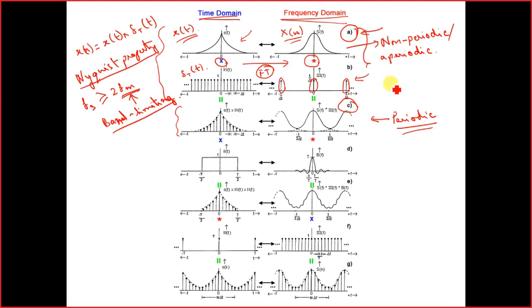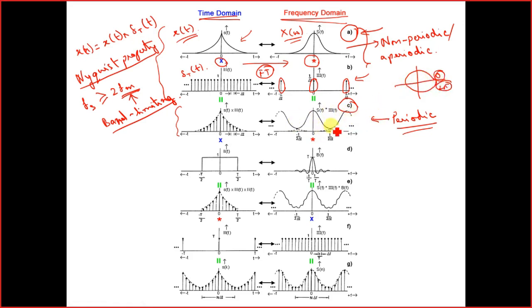Because when you talk about discrete time signals, they can acquire values in the range of 0 to 2 pi, so your frequency components are the same. And after every 2 pi, the signal components repeat themselves.